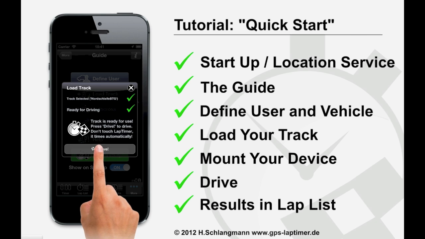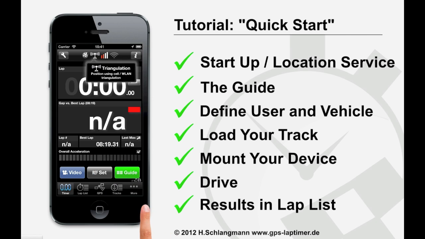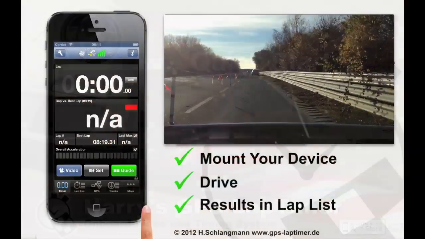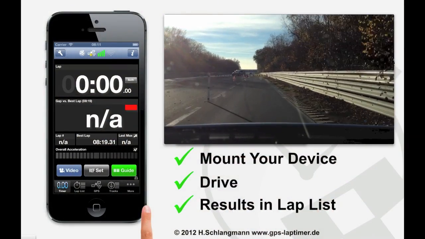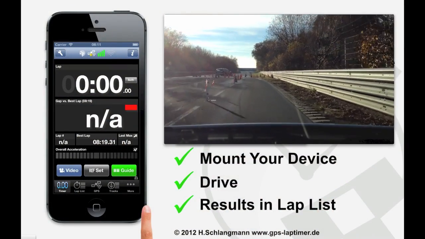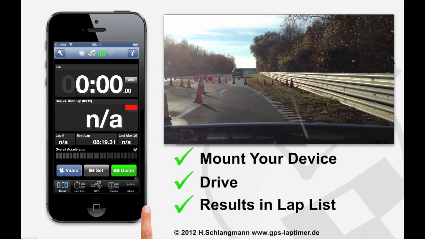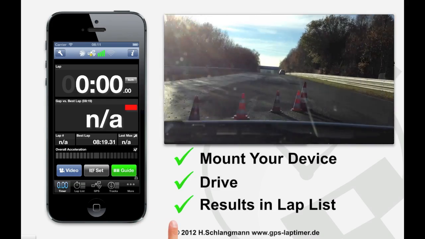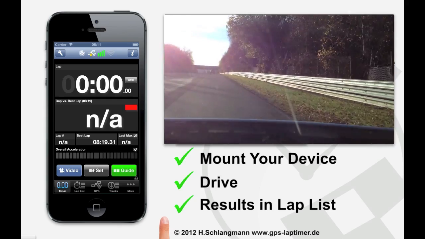Next step is just to drive. And drive means here that we get a view that is good for driving. You see your current number and things like this. And we have prepared a little demo of what happens when you have left the pits and have mounted your iPhone firmly to your dashboard or windscreen.